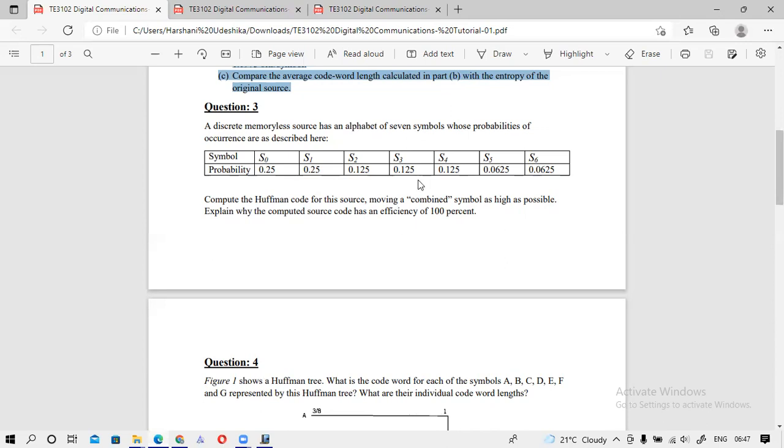And I think there is a question. Compute the Huffman code for this source, moving to a combined symbol, as high as possible. That means you have to combine the symbols up to the highest order.